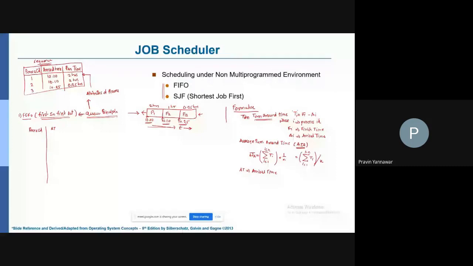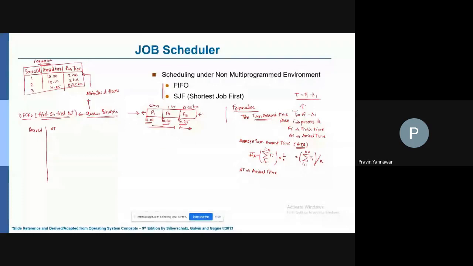Fi stands for the finish time and Ai stands for arrival time, where i is the process ID. For example, to compute the turnaround time of process number 1, we say T1 = F1 - A1, the finish time minus the arrival time of the first process.